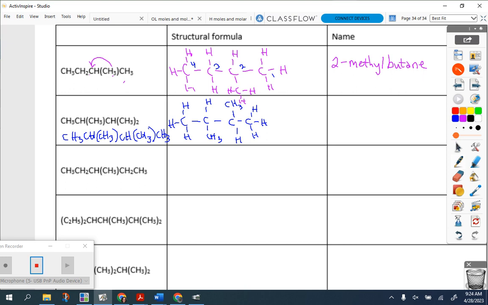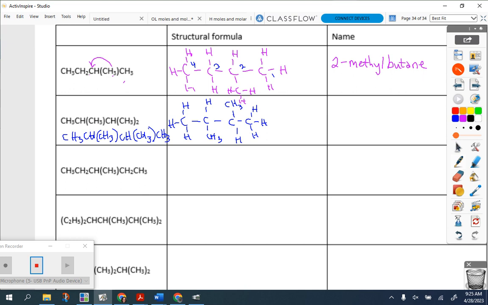I haven't seen anything where they ask you to write a condensed structural formula and there are two right answers like that. Yeah, but that wouldn't be 2 CH3s.